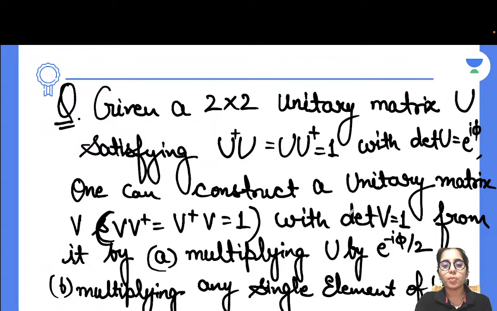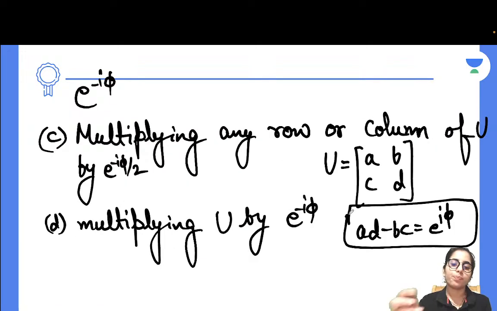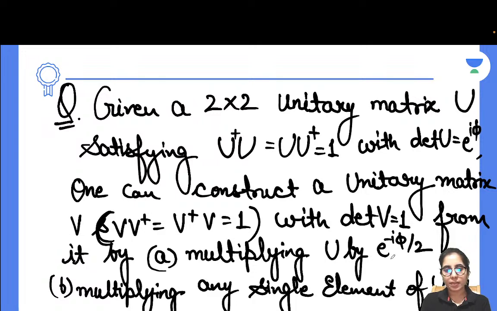There is another unitary matrix V, and its determinant must be 1. And you have to construct it by multiplying U with this or this or this, as the options have been given. So let's say you are going to follow option A, which says you are multiplying U by e to the power negative iota phi by 2.